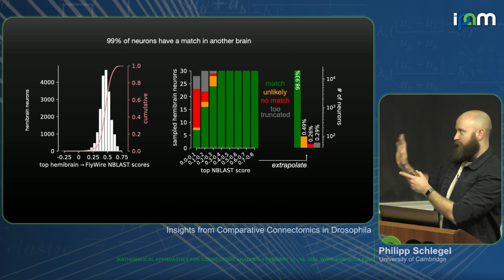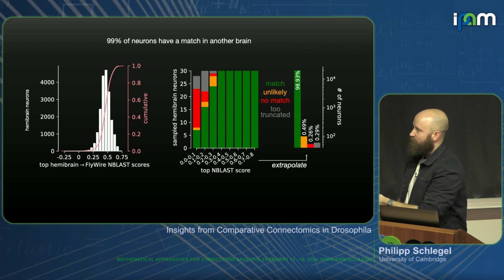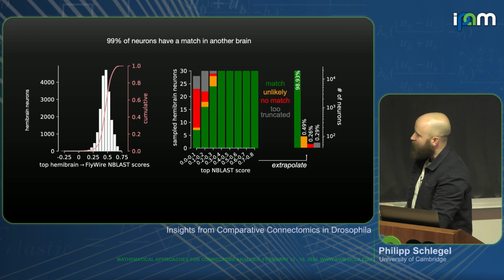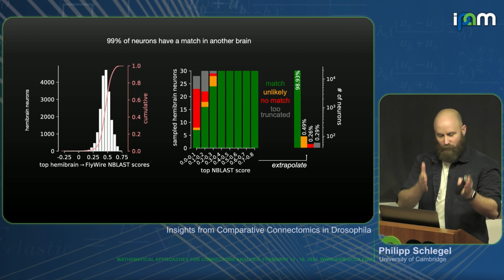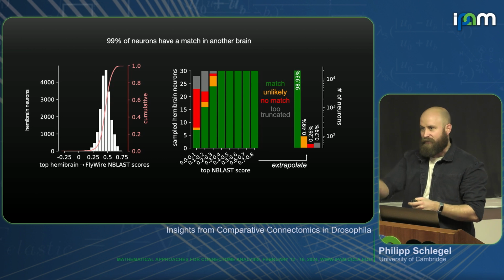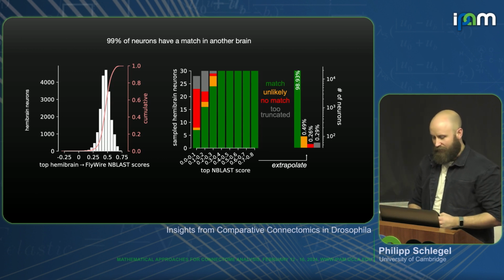To figure this out more quantitatively, we sampled these scores in the different bins and scored yay or nay. If you take our manual scoring of the sample and multiply this with the distribution of scores, 99% of neurons in the hemibrain have a good match in FlyWire, which is exactly the point that Ashok was making earlier: for almost all neurons, there's something that looks like it.